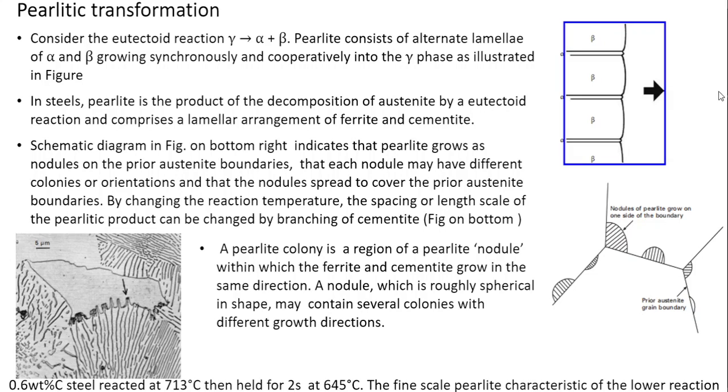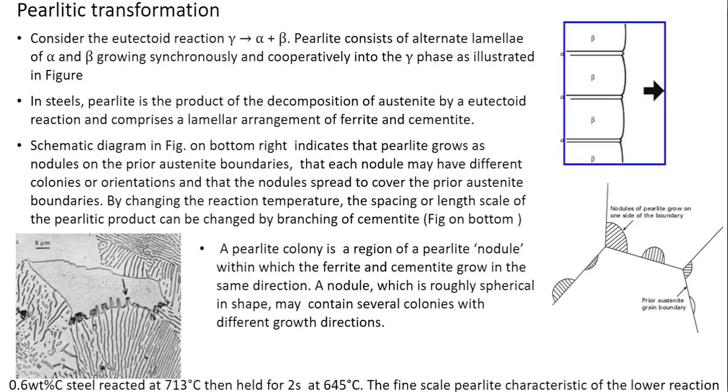This is illustrated here. So this is the alpha phase lamina and this is the beta phase lamina, and both of them are synchronously moving towards the gamma phase, thereby consuming the gamma phase. So the transformation of gamma converting into alpha plus beta is occurring.